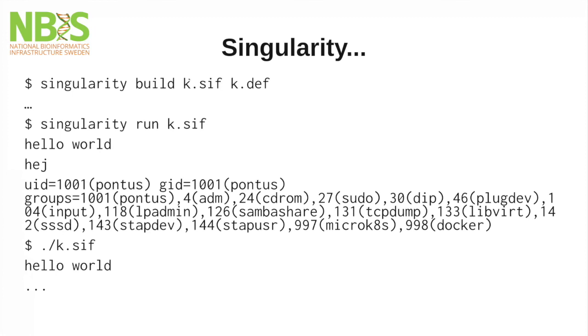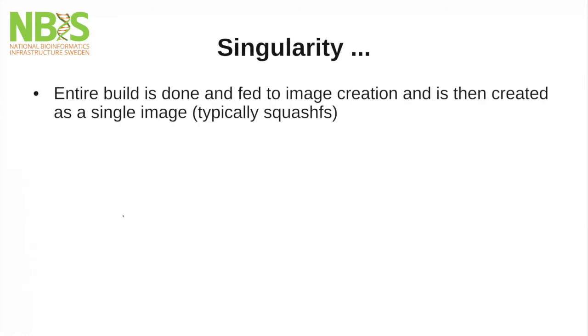And we can build, and we can run, and we can run it as a command if we put it somewhere without calling Singularity explicitly. One thing that differs from Docker is that this is all done in one step.